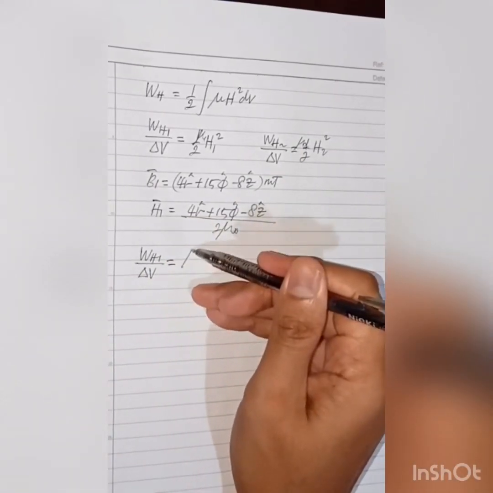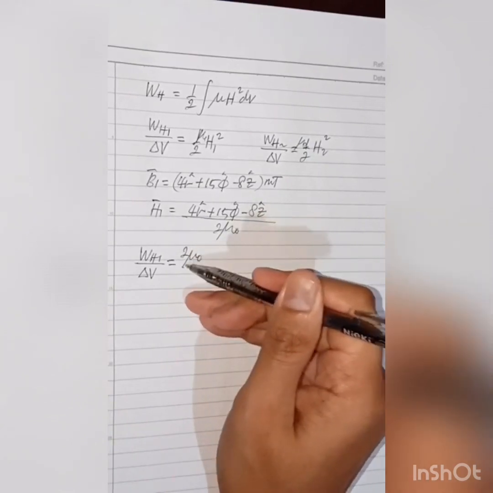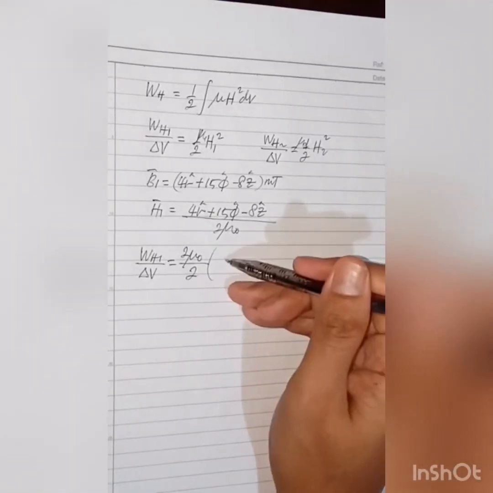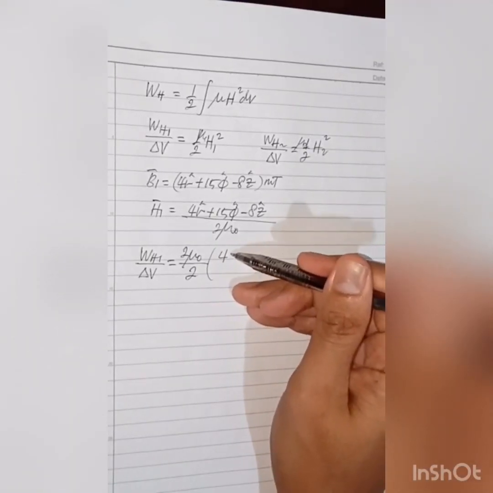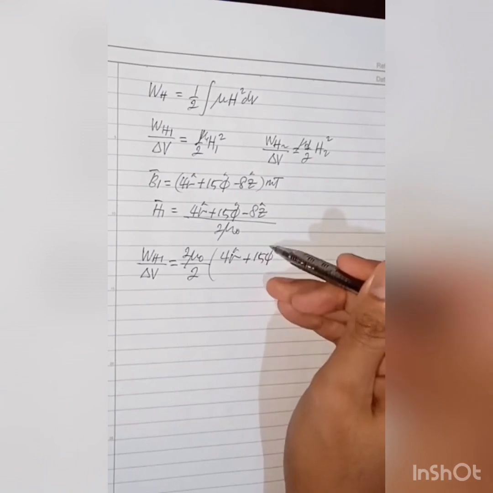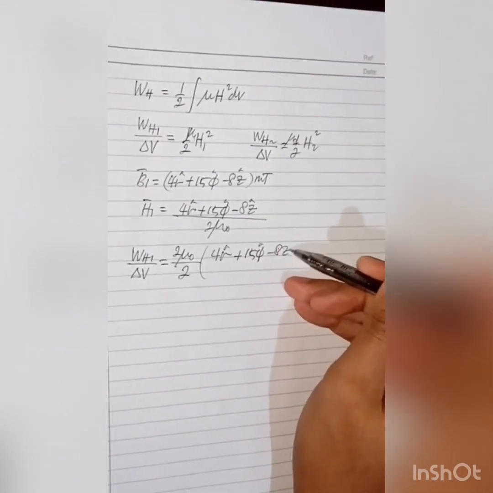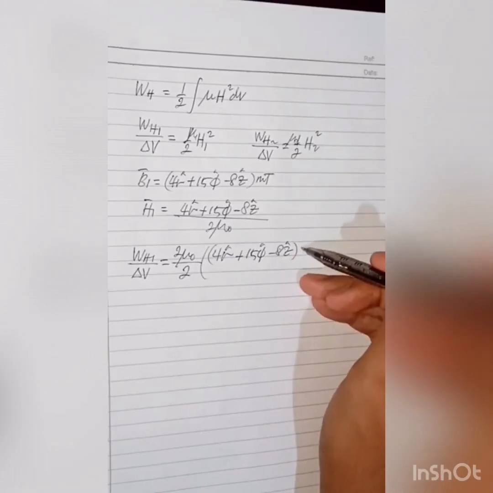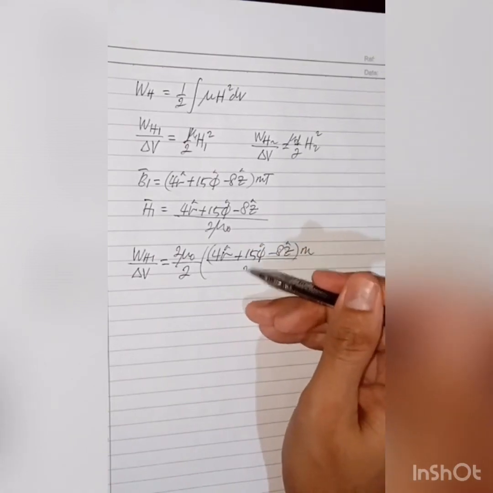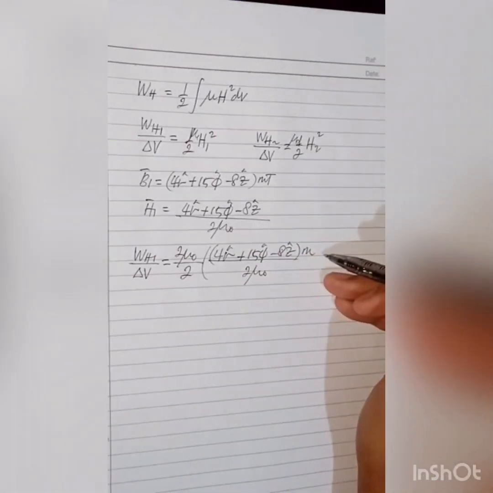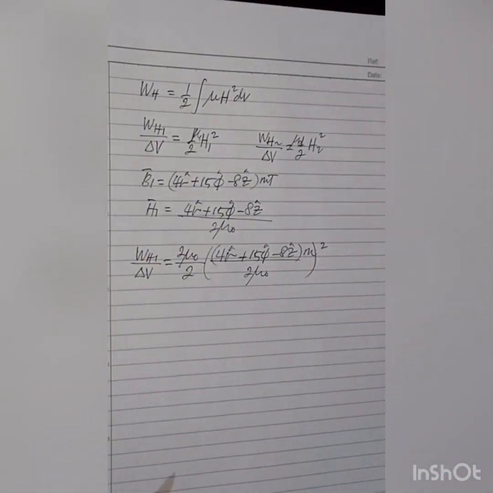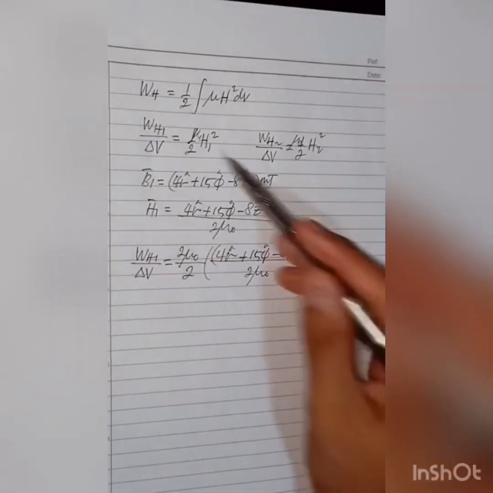Here you have mu naught 2 for your mu1 over 2, and now we have here the 4R component plus 15 phi component minus 8Z component. Now we all have milli unit, and then over its mu1 is equal to 2 mu naught. Okay guys, all these things we have to square, and then take the magnitude of the H.